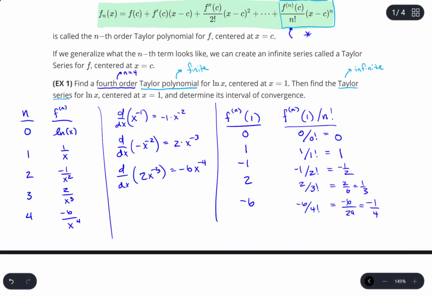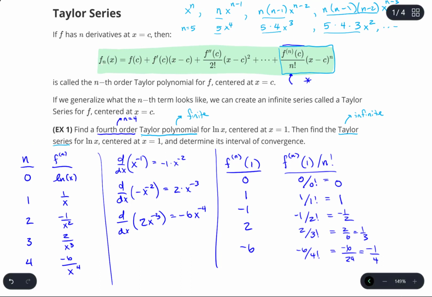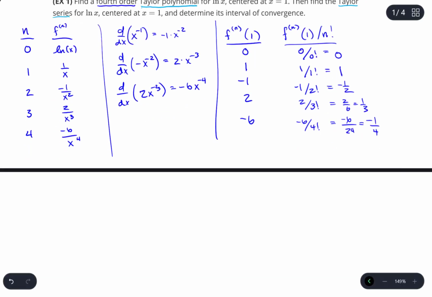Okay, so I now have the coefficients. For the Taylor polynomial, I now need the polynomial piece, which is really easy to do. They all just look like x minus 1 to increasing powers of n. So I don't even need a different column for this table. I just come up with the approximating polynomial.